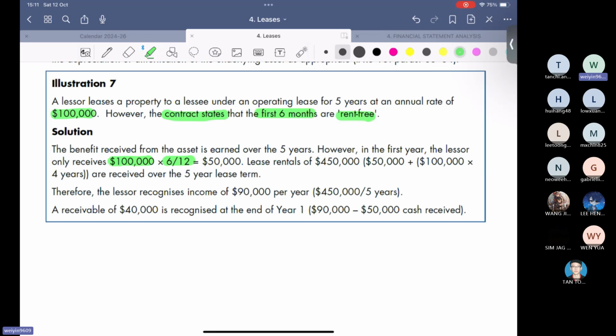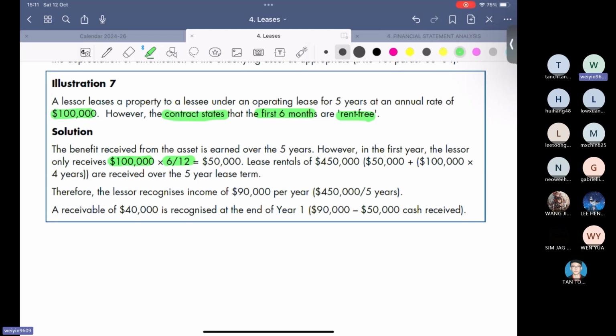And therefore the lessor recognizes income of 90,000 per year, which is 450,000 divided by 5 years. Then the receivable of 40,000 is recognized at the end of year 1, because you only received 50,000, where you have an owing, where your receivable is yet to receive another 40,000.